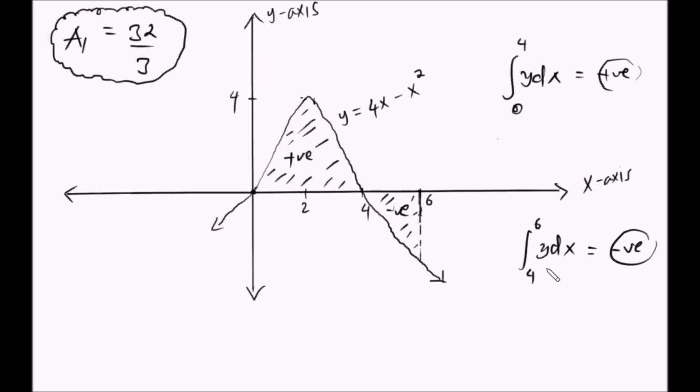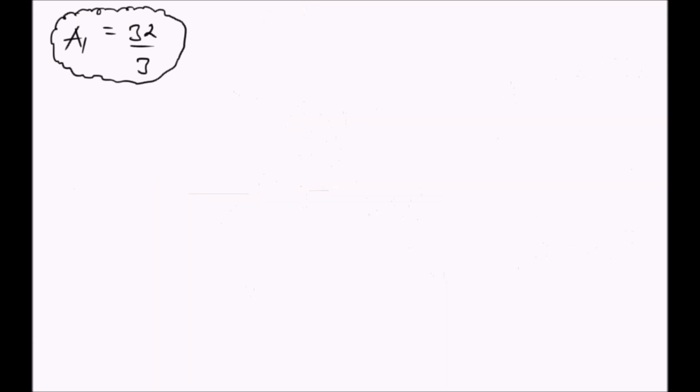A2 ndo hii sasa from 4 to 6 integrate y dx. So let's look for hiyo sasa. So now let's look for A2. So A2 nimesema ni from 4 to 6 integrate y dx. So it's the same curve.